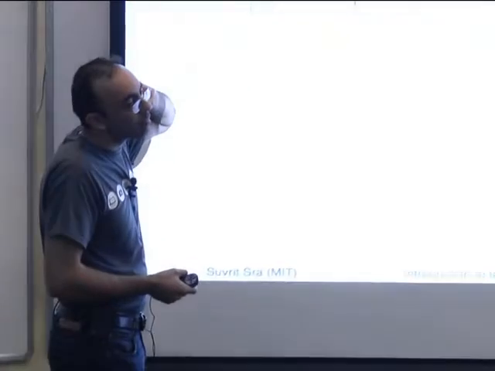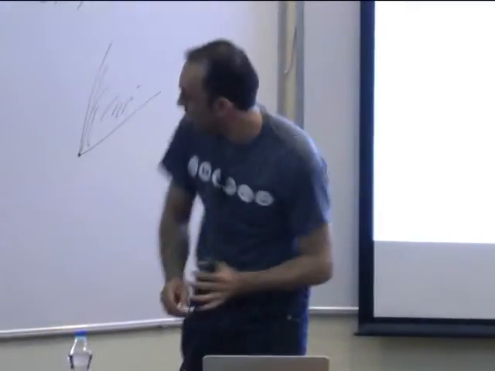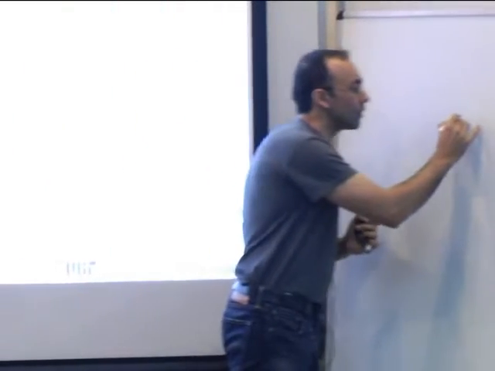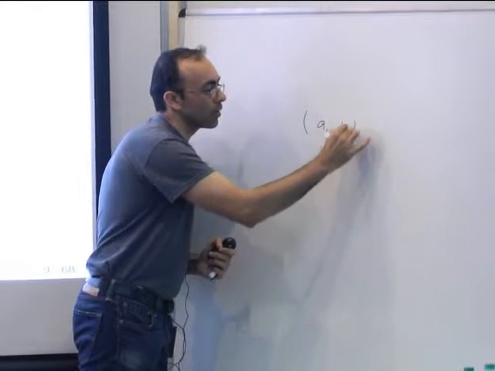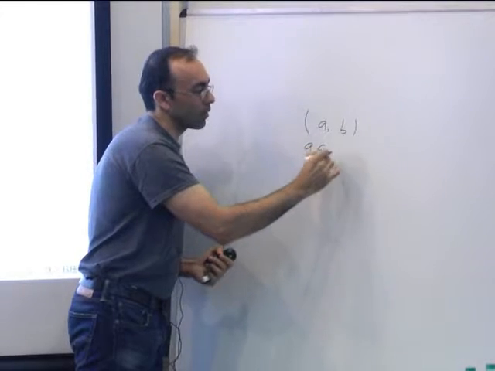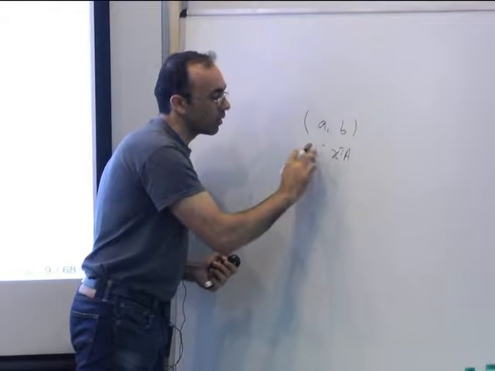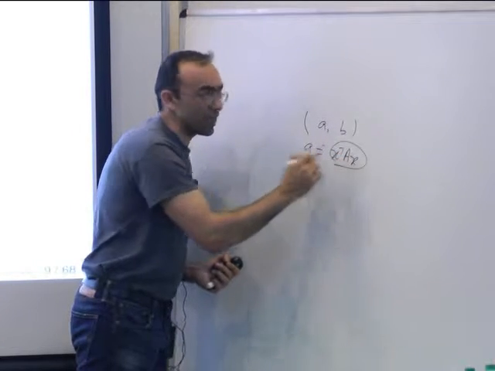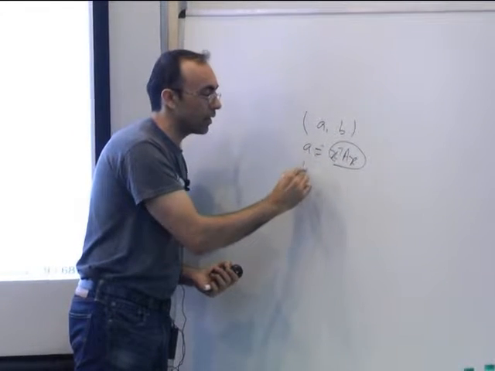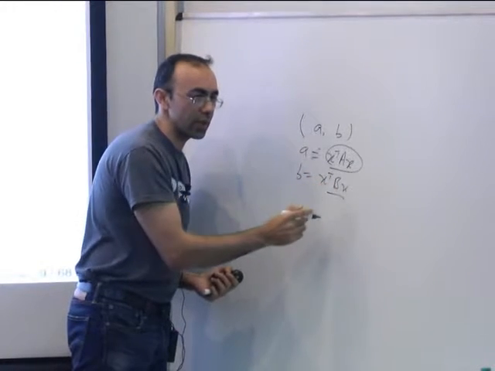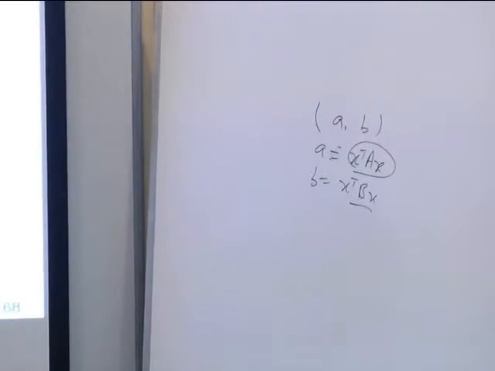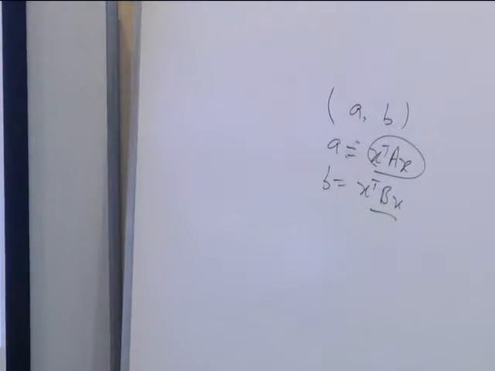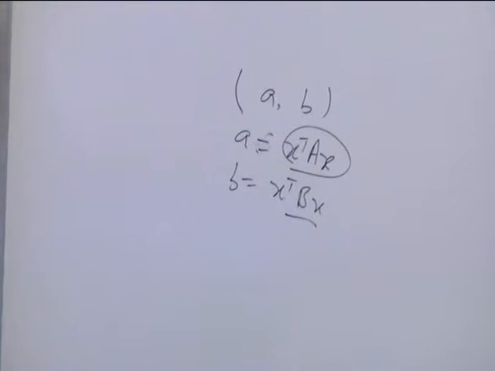It just generates a result. If you look at it, all that does is it contains numbers of this form. So that set contains pairs where x transpose Ax is a real number, and x transpose Bx is also a real number, for all x that have inner product equal to 1.